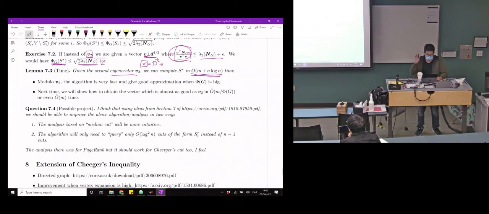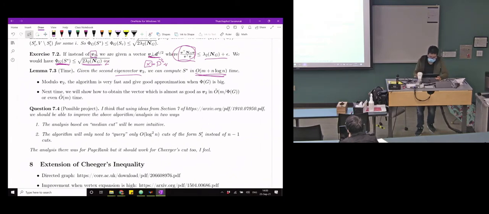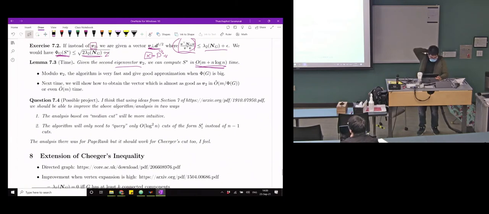By the way, this is just one possible project. There is another paper that might give an alternative analysis and algorithm to find this sparse cut based on the eigenvector. The analysis is based on something called median cut, which might be more intuitive.